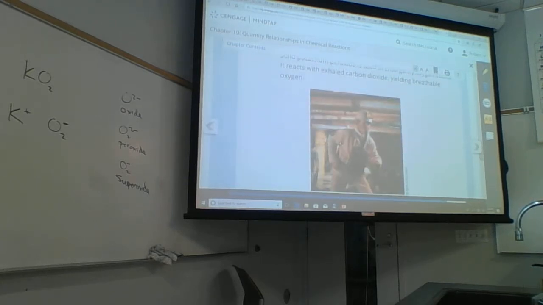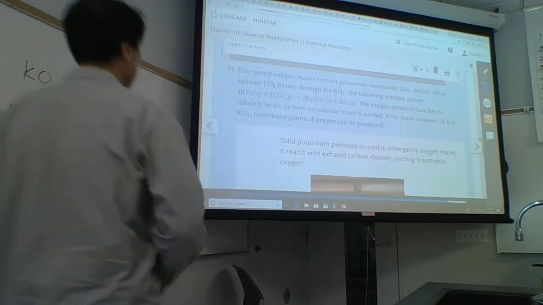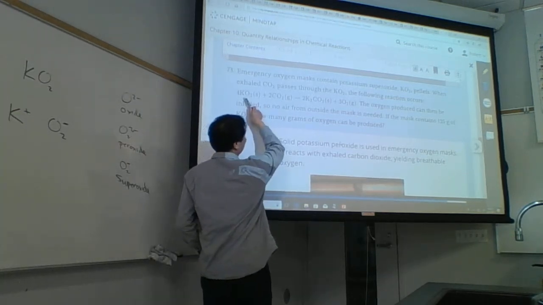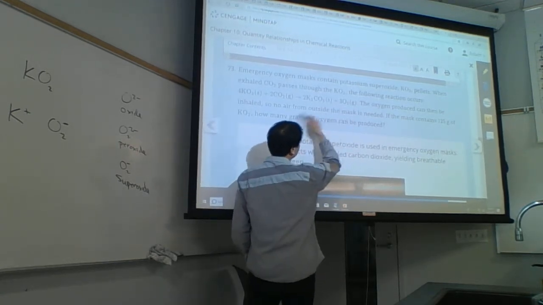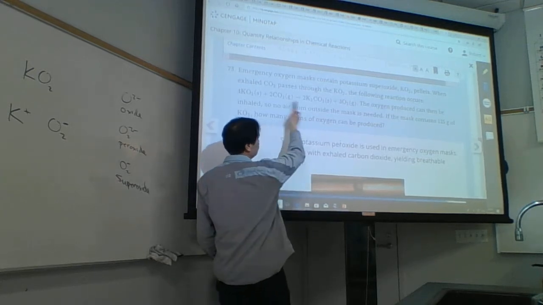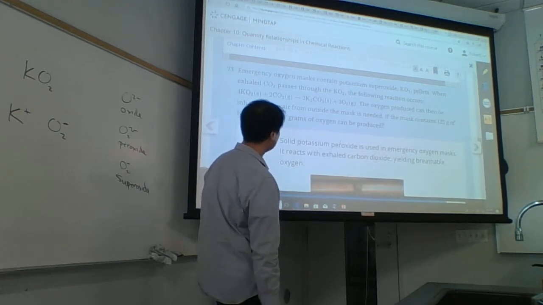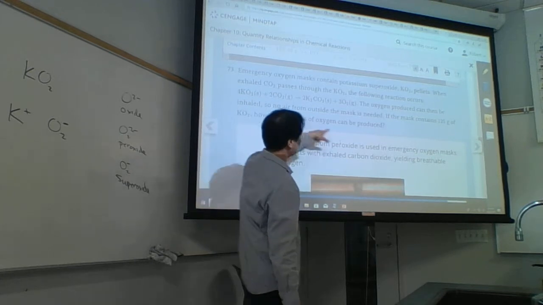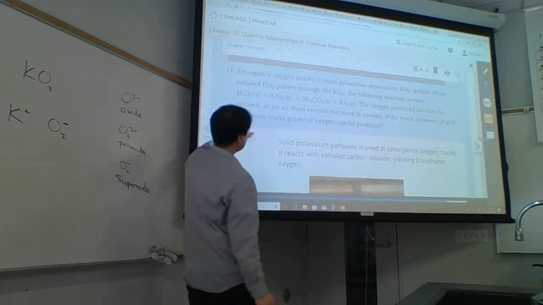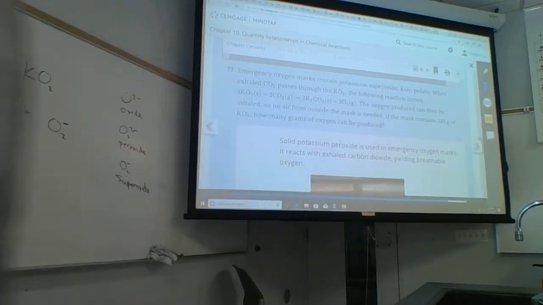Each time you exhale CO2, the CO2 reacts with the potassium superoxide and generates O2. So you can exchange CO2 for O2 and keep breathing. It's a solid, so you don't have to carry around an O2 tank, but you have to make sure you have enough. If we have 125 grams of potassium superoxide, how many grams of oxygen can be produced? That's something you obviously want to know so you don't run out of oxygen.